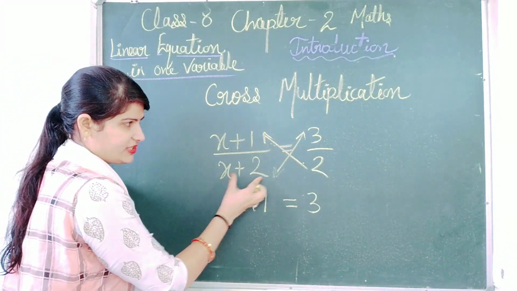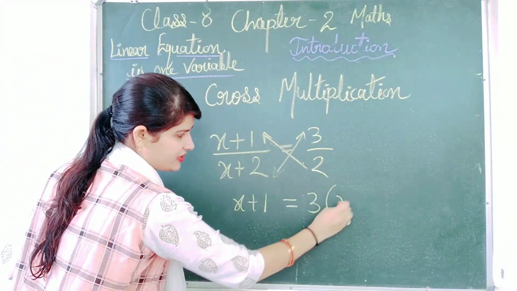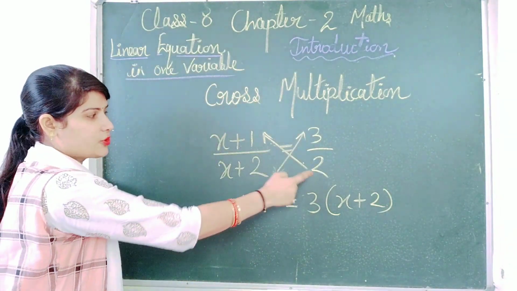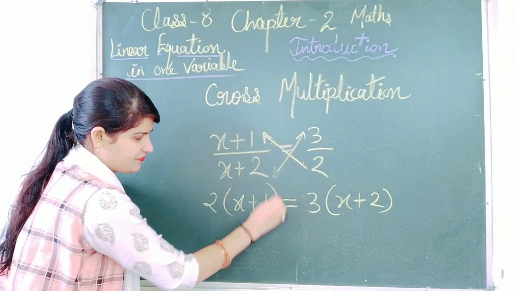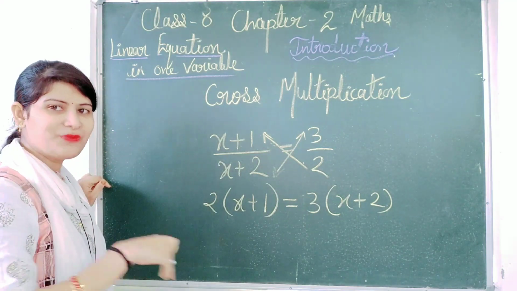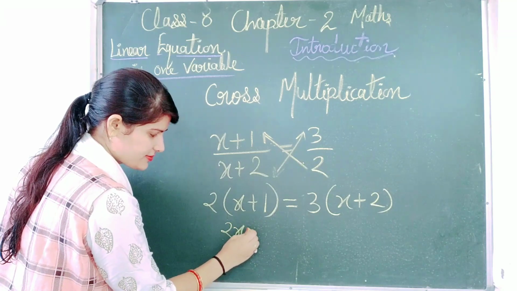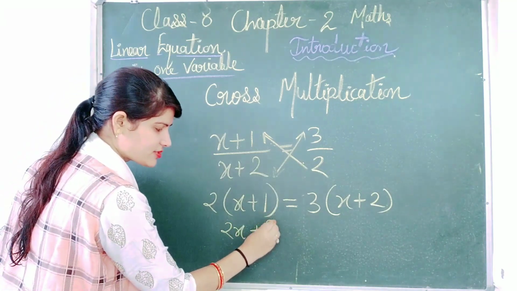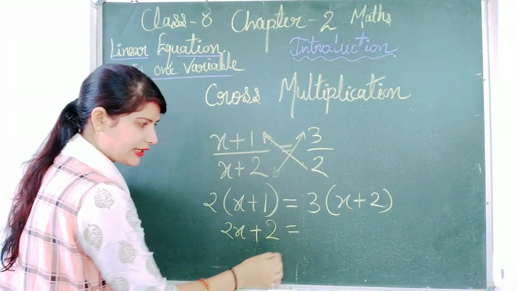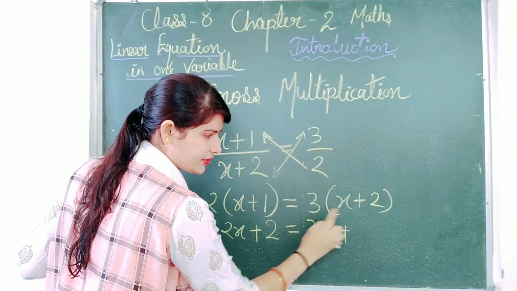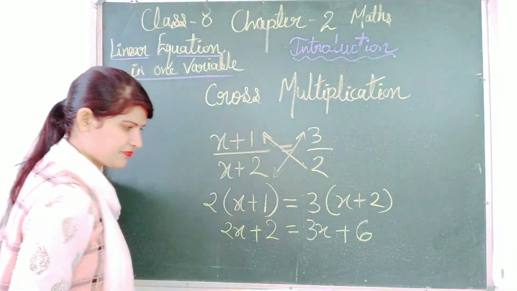Now cross multiplication with the denominator: x plus 2 will transfer there and 2 will transfer here. Now multiplication: 2 into x is 2x, plus 2 into 1 is 2, equals 3 into x is 3x, plus 3 into 2 is 6.